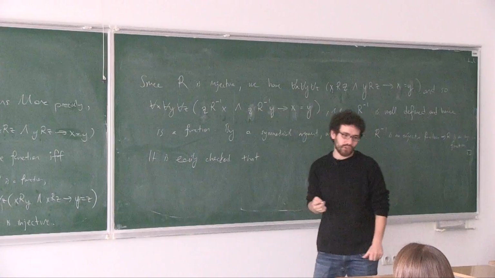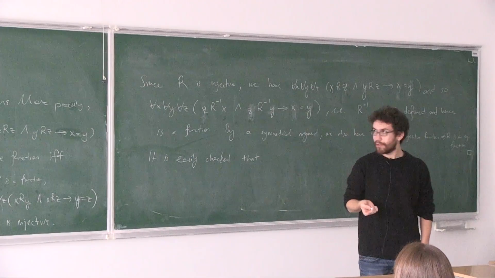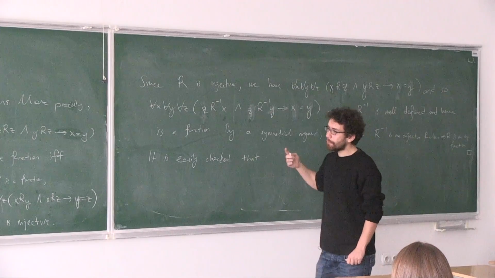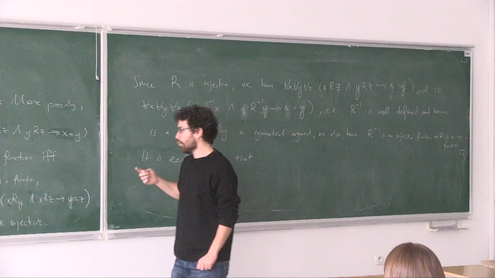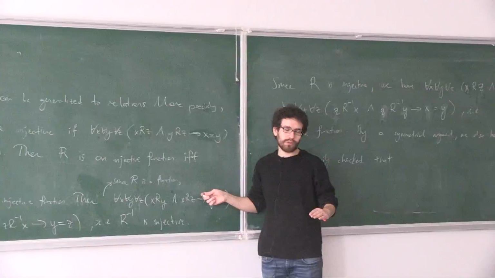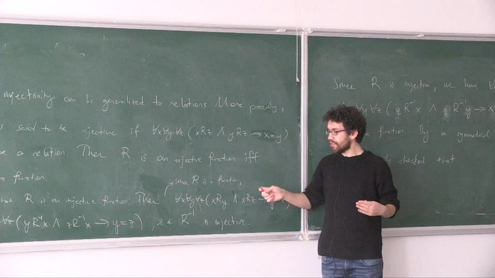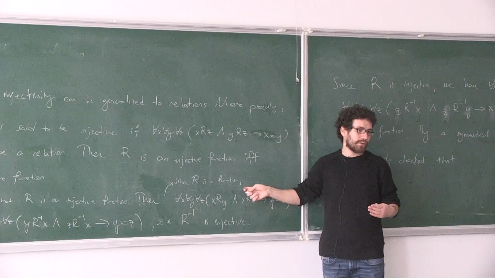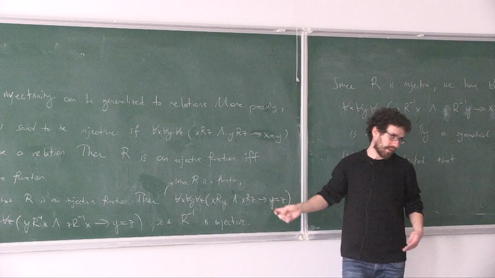What's a function? A function is a relation which is well defined. The property of being well defined, namely this property, you see it passes to subsets. What do I mean by that? If a relation satisfies this property, then so do all of its subsets.